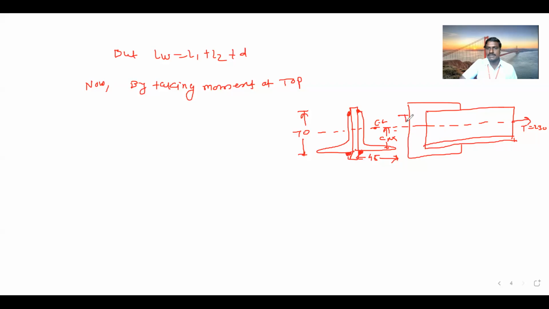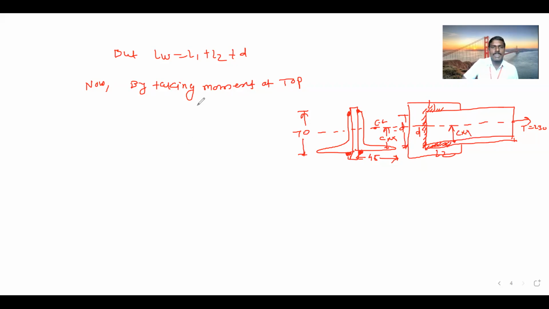Then this is your D. So now L1 and L2 we have to find. This T is already there. Okay, D we know is 70. So L1 and L2 we have to find. So got it, everyone? This is CXX.